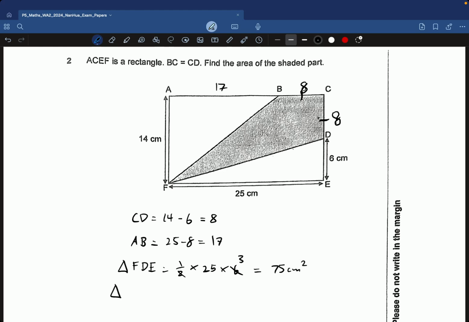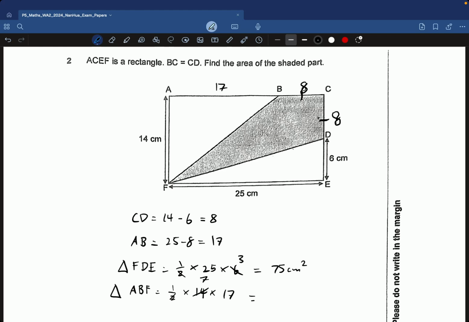Let's get the area for the next non-shaded part, which is A, B, and F. A, B, and F is equal to half times 14 times 17. We cancel 2 with 14. This is 7.